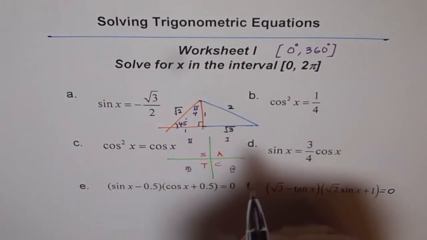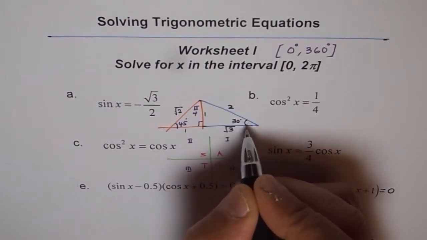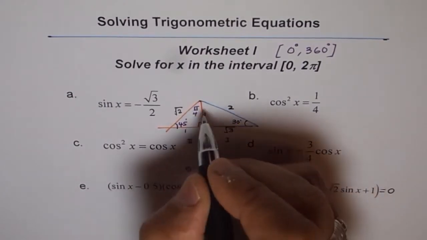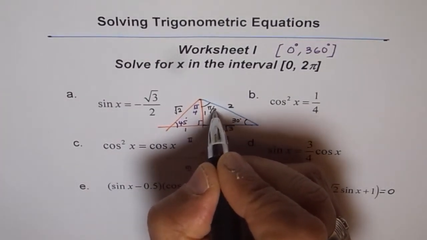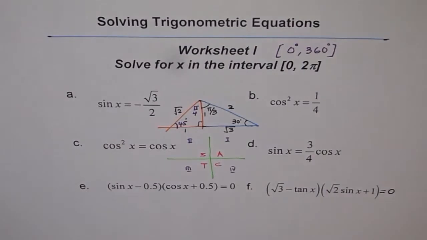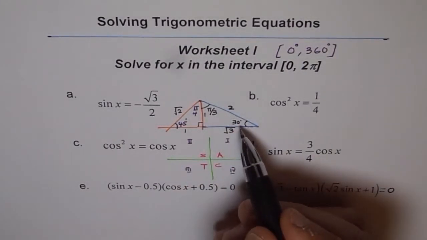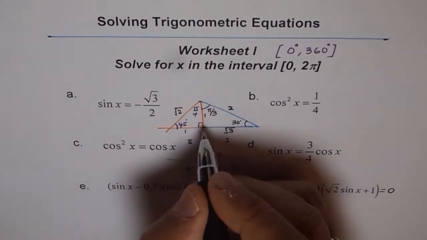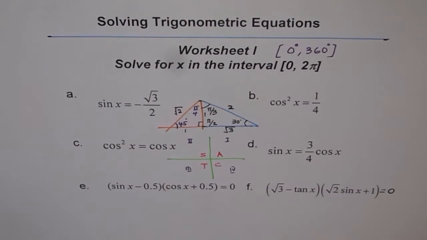That angle for us is 30 degrees, which is pi by 6 for those doing it in radians, and that is 60 degrees. Let me write that as pi by 3, the 60 degrees angle. So you get this other special triangle, 30, 60 and 90. 90 is pi by 2.